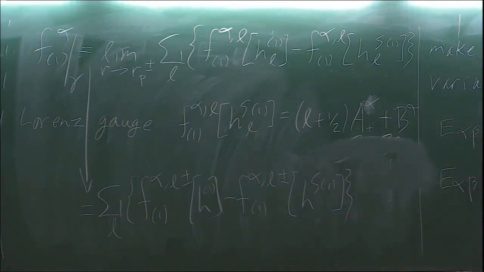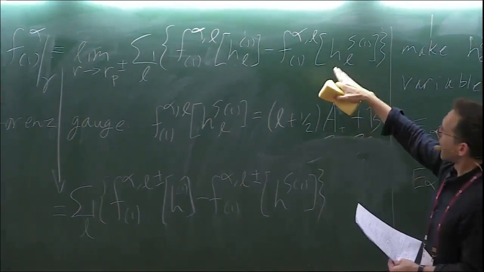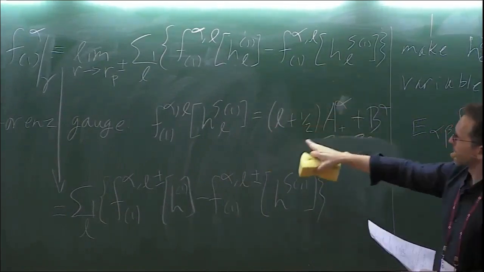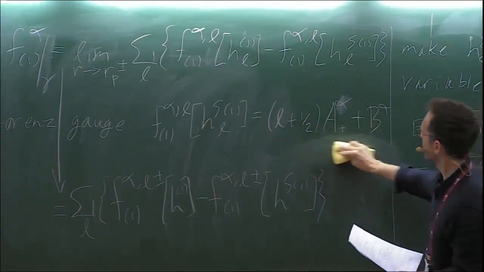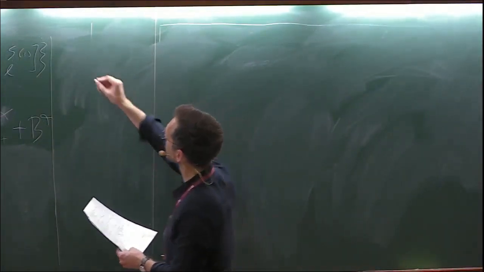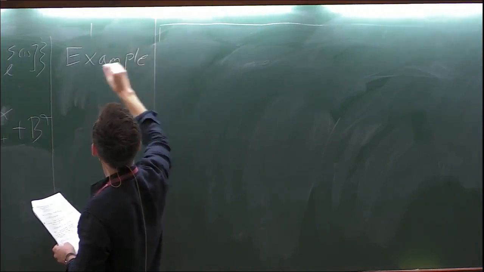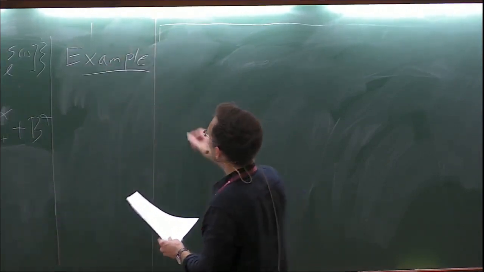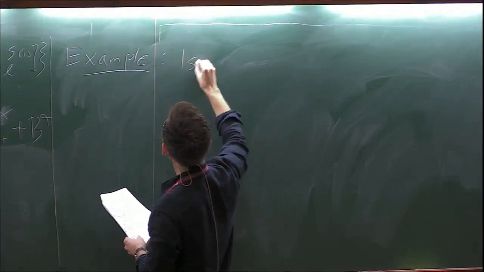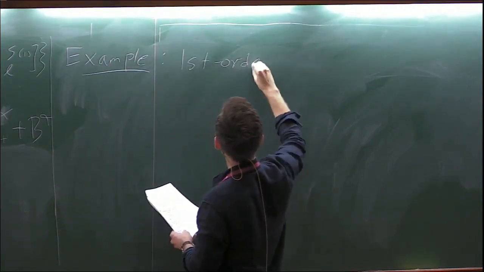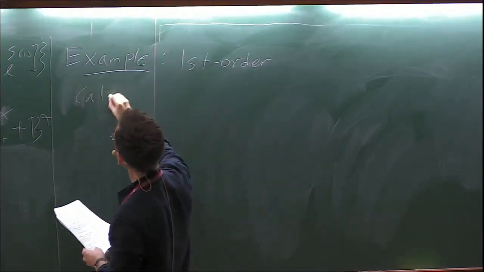So it may not be obvious why each mode over there is finite, or especially why each mode over here is finite. Metric perturbation in flat spacetime. So we want a first order calculation in flat space.